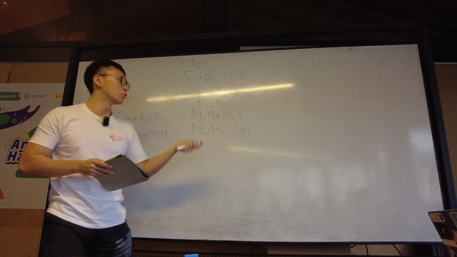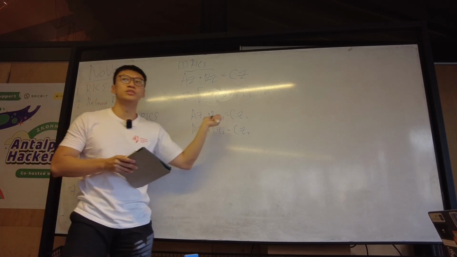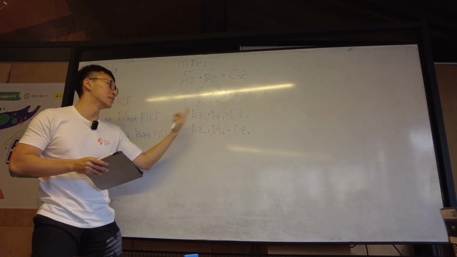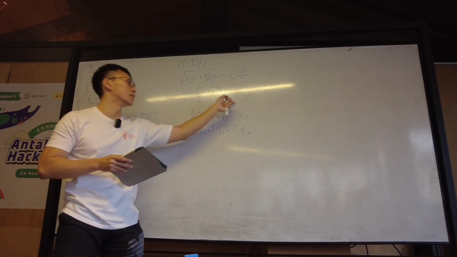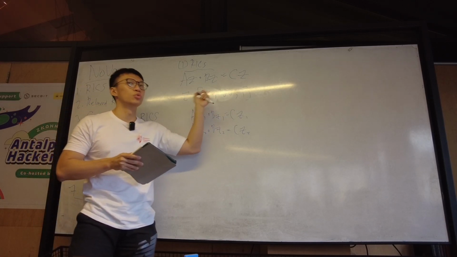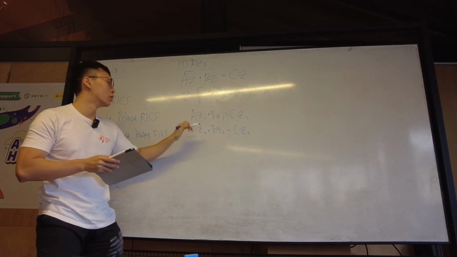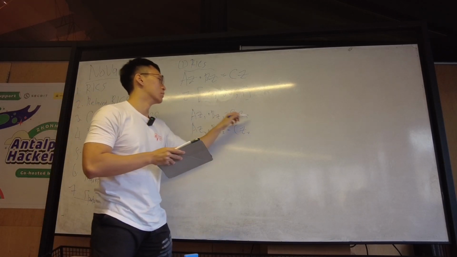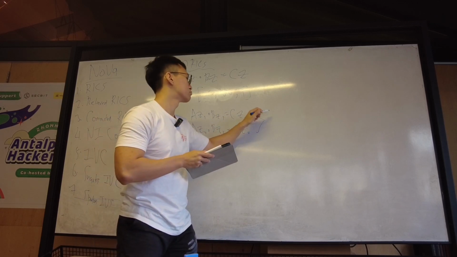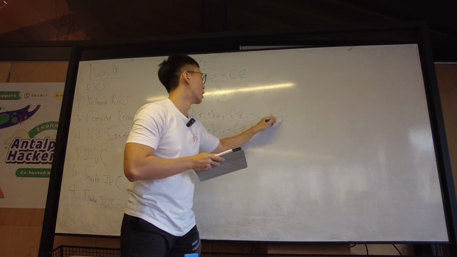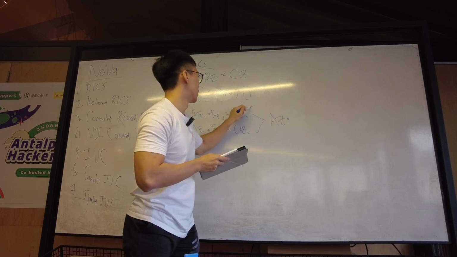I'm only changing the Z, so that it will be Z1 and Z2, meaning they mean different things. Naturally, this is also x1, x2, w1, w2, and this is 1, obviously. So the goal is to somehow merge them into a resultant R1CS.